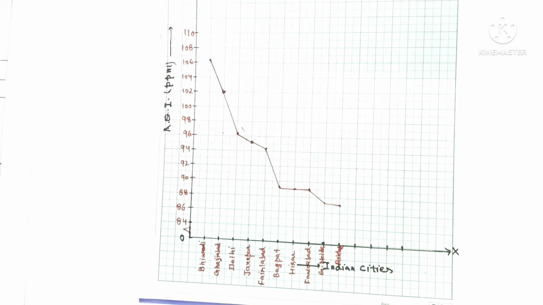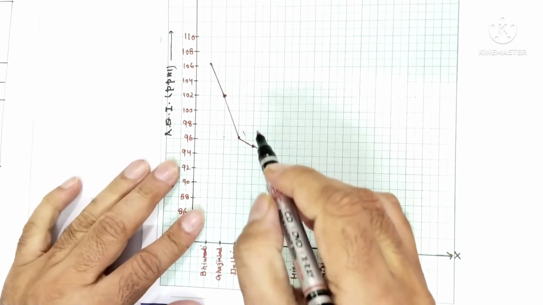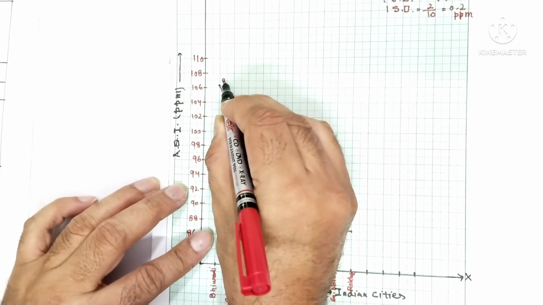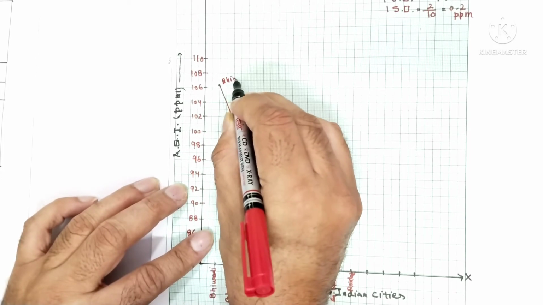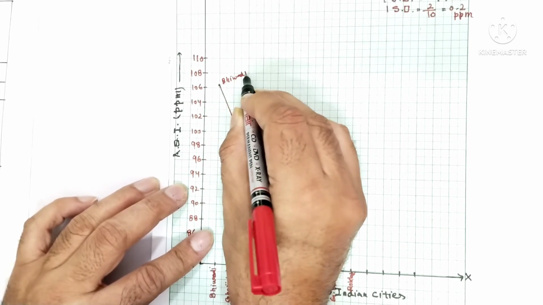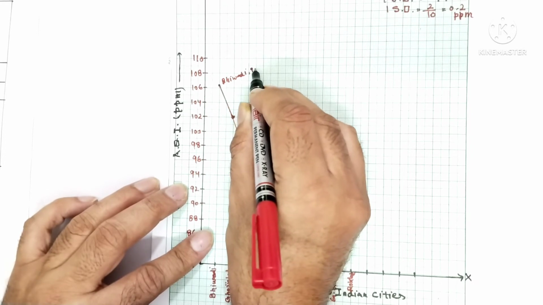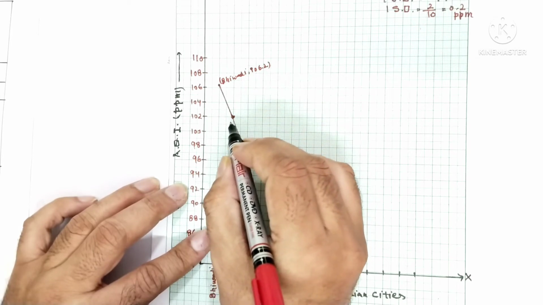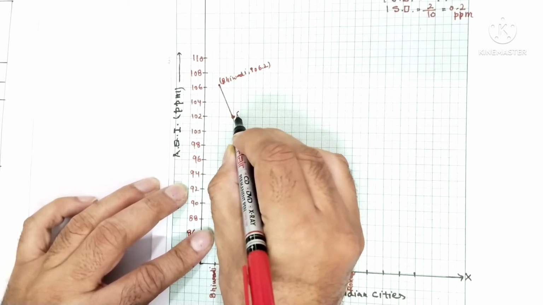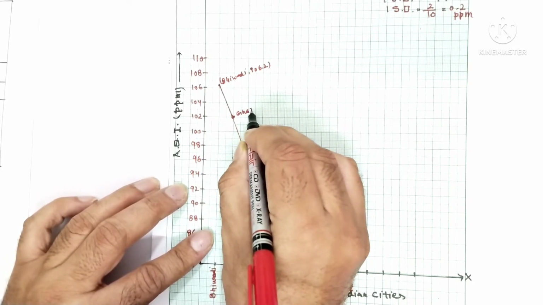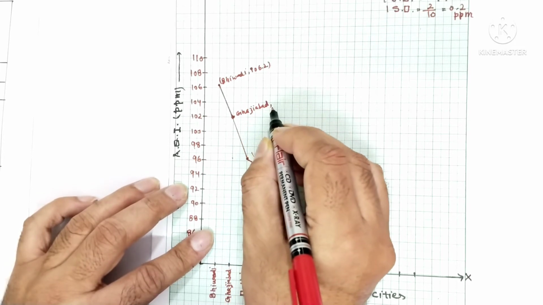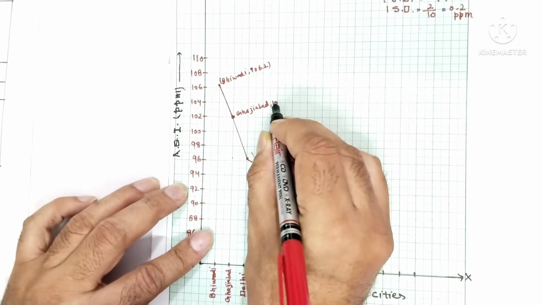Now we need to write the coordinates. Bhiwadi, this one. Here I will write Bhiwadi, comma, 106.2 in the bracket. Next is Ghaziabad, comma, this is 102.